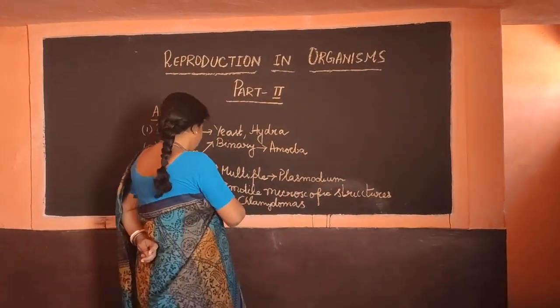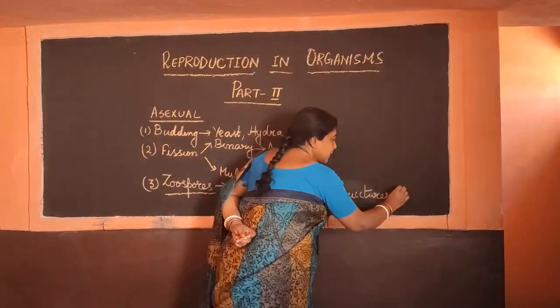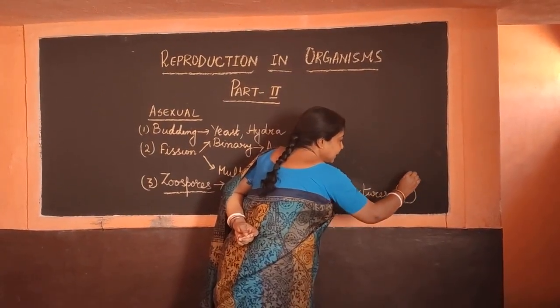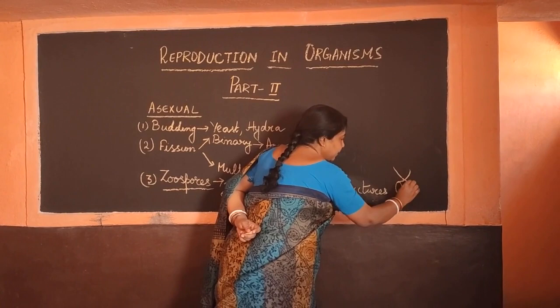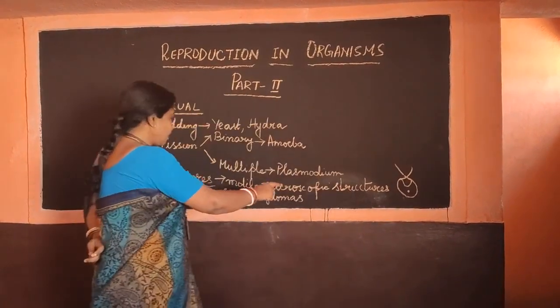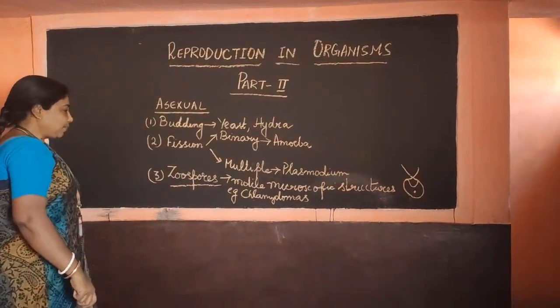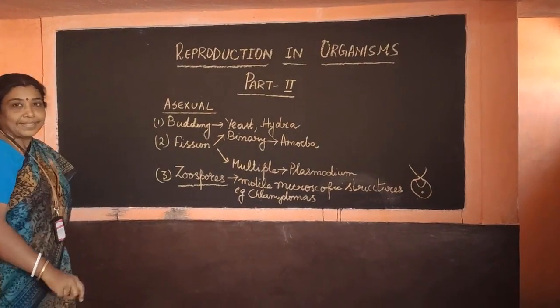The structure of their zoospore is somewhat like this, with the flagella coming out, which makes it motile, children. So this is the diagram of a zoospore.